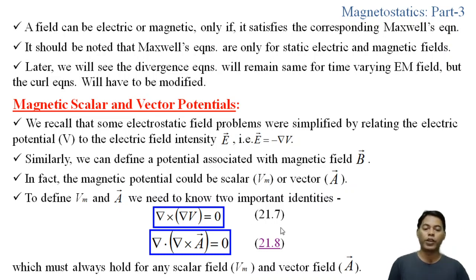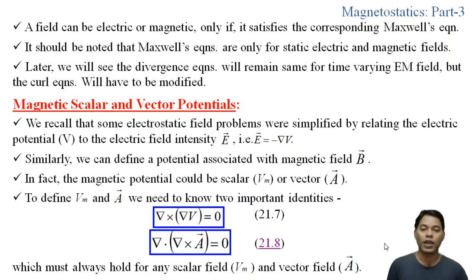Identity 21.7, that is grad cross grad V equals 0, and also 21.8, that is grad dot grad cross A equals 0. These must always hold for any scalar field and vector field.